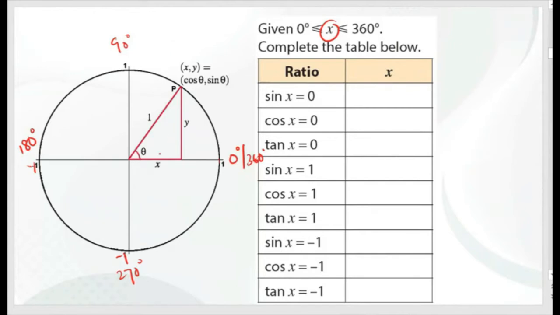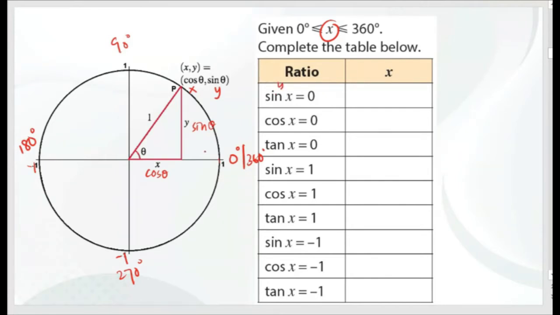Okay, you see here, we do revision. This is x, this is y. X is your cos theta, y is your sine theta. This one is cos, this one is sine. So when sine x equal to 0, sine x is the y coordinate, right?